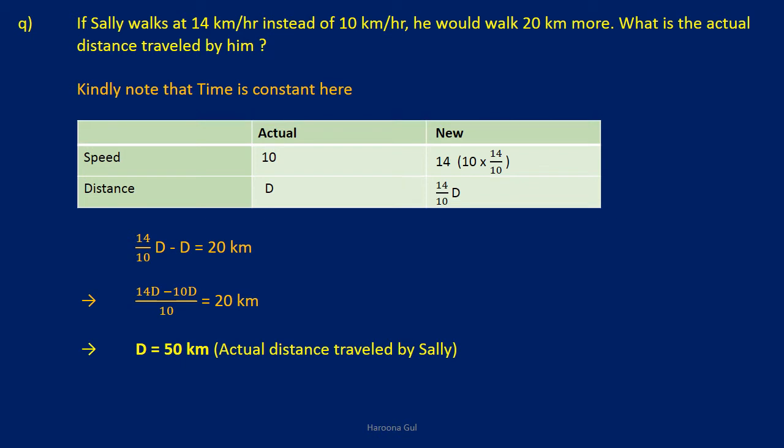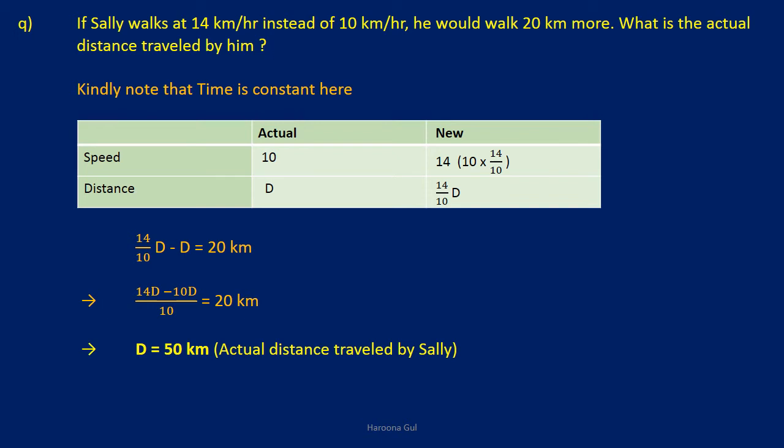Now kindly understand this crucial point. We are simply multiplying and dividing the new speed by the old speed. And the reason is because the fraction multiplied by speed to get new speed is going to be multiplied by distance d, because speed and distance are directly proportional.